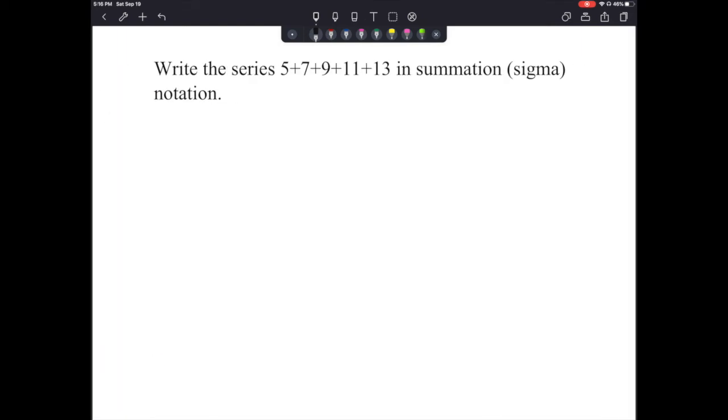So here's another practice one. It says write the series 5 plus 7 plus 9 plus 11 plus 13 in summation or sigma notation. So again, that means this is the first term, second term, third term, fourth term, and fifth term. Now you're welcome to take it and find the slope.